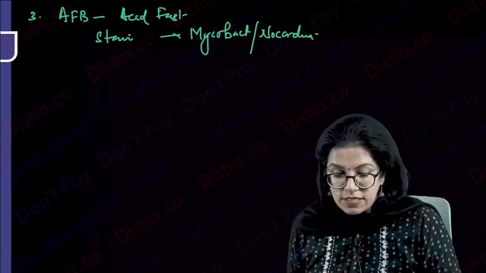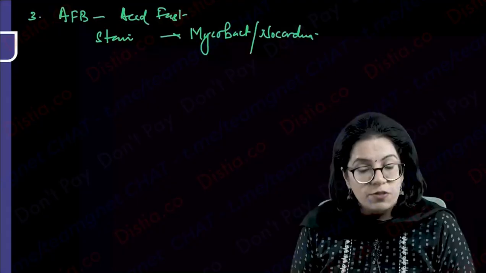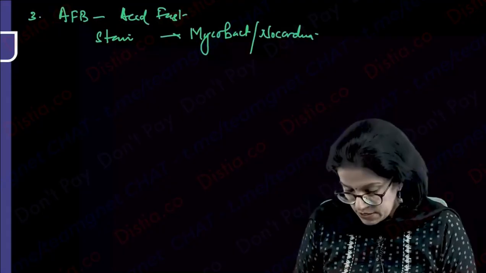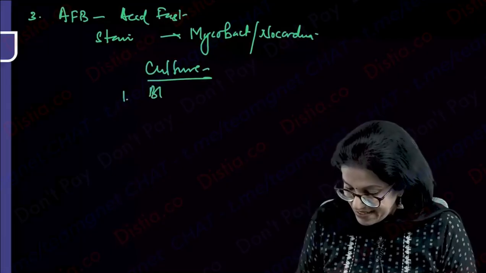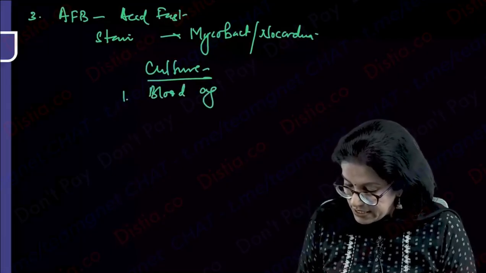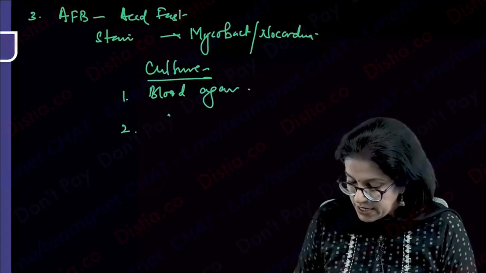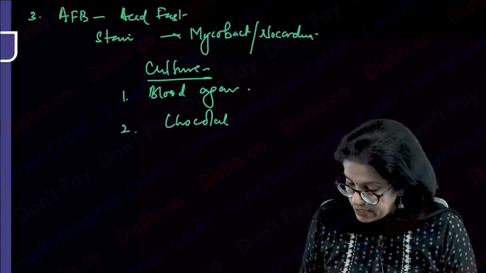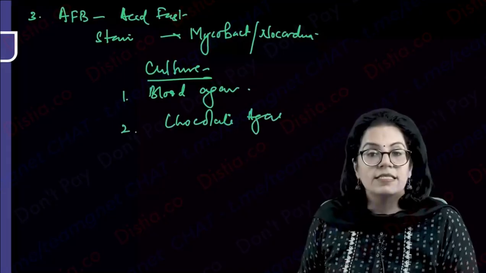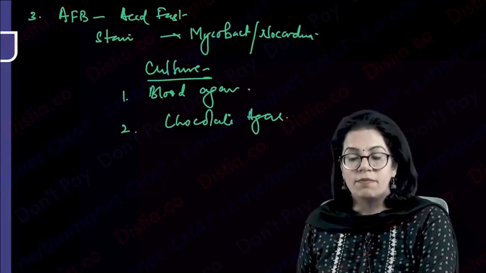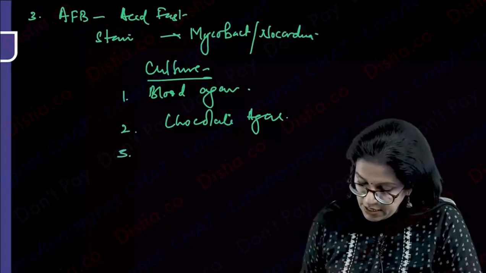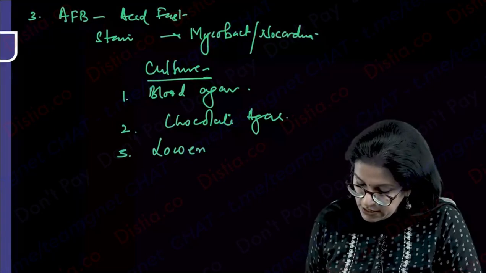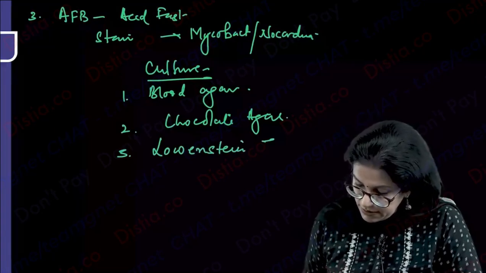Then, after we know the staining options, we have to discuss the culture options. Culture, how do you culture the bacteria? Everybody knows about blood agar. And when you're heating it and causing lysis of the cells, you can get a chocolate agar, right? Apart from that, let us also learn, again for Nocardia and Mycobacterium, Lowenstein-Jensen culture media.